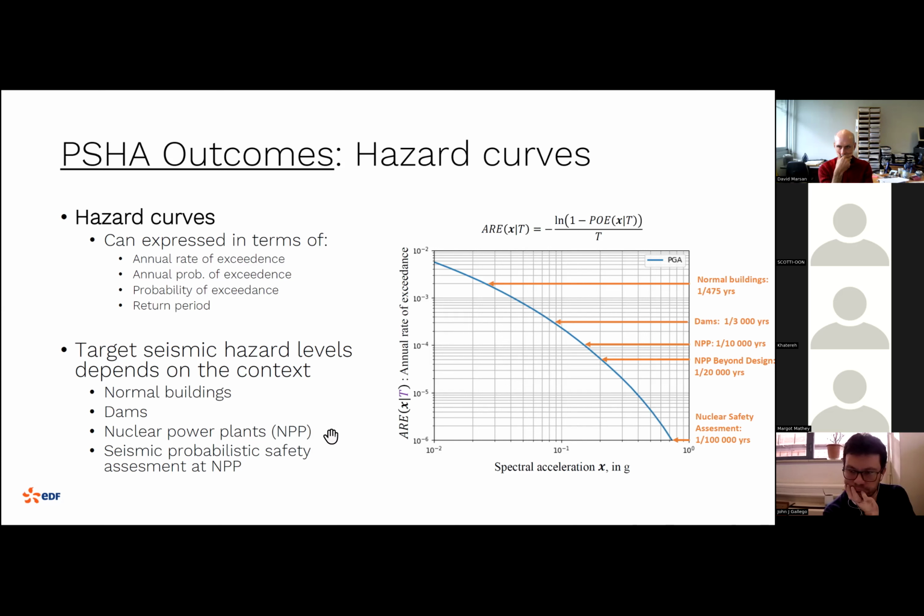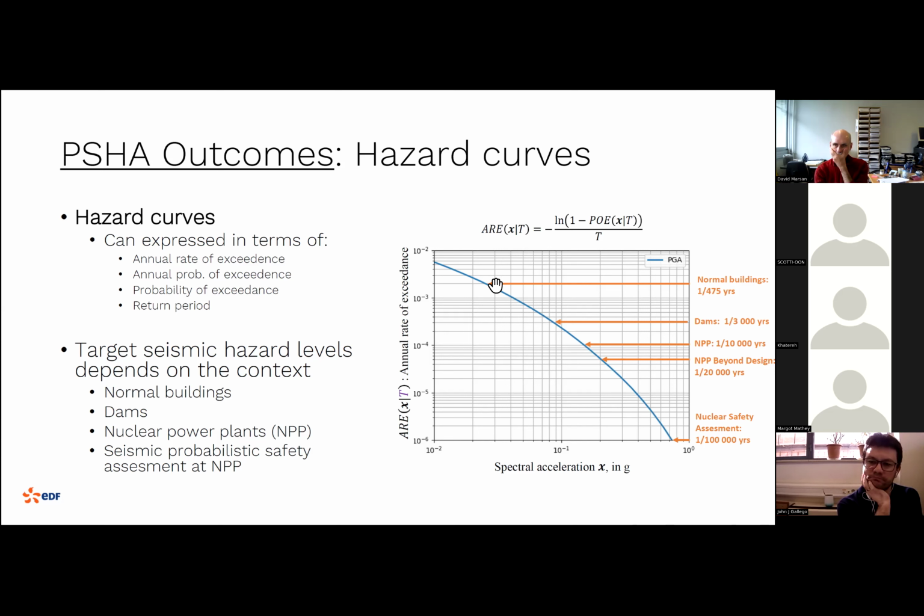It's important that you keep in mind that when you are working with hazard curves, the target seismic hazard levels that you consider depend on the context. For example, if you are working with a building of normal housing, you will look for shorter return periods, corresponding to lower acceleration levels, lower intensity measure levels.